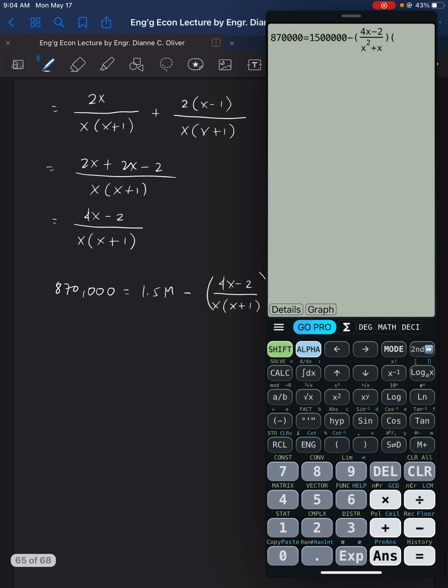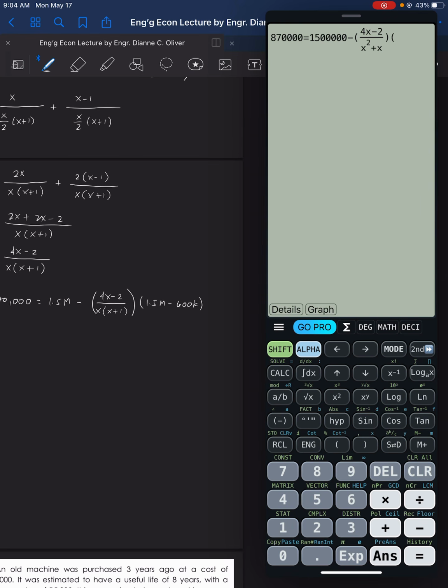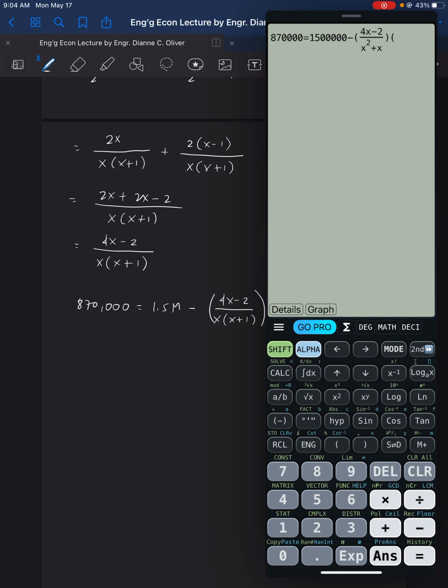Then we have here 1.5 million minus 600,000. Shift solve. So there's two values of x. We can have x as 0.7 or x is equal to 4.